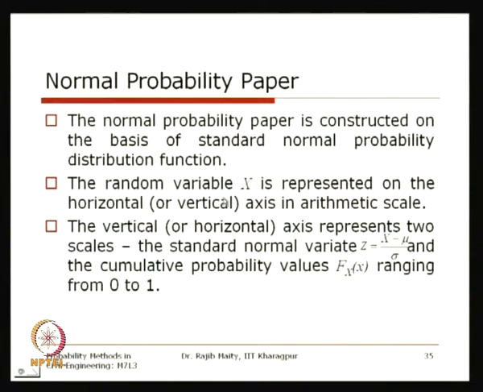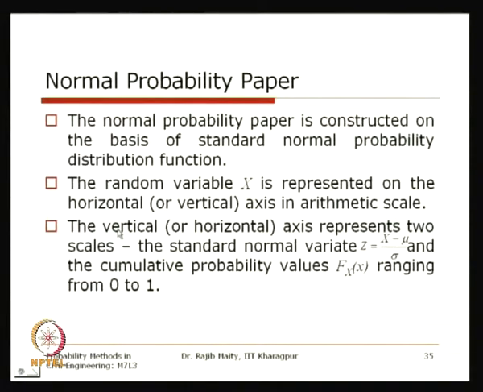The random variable x is represented on the horizontal, or in some cases vertical axis, but mostly this random variable is represented on the horizontal axis, and that axis is an arithmetic scale.